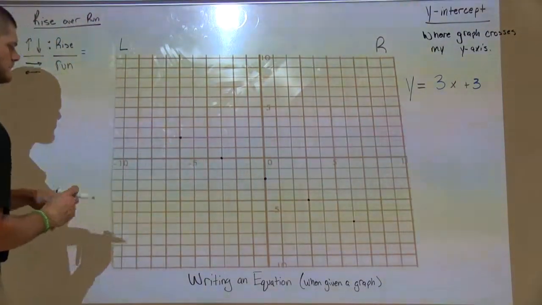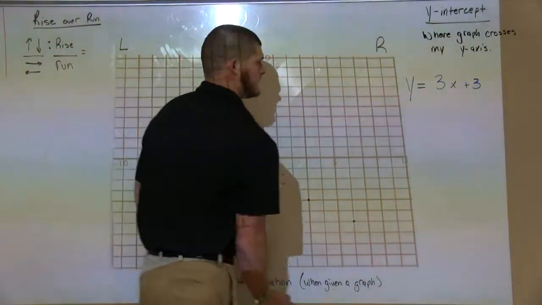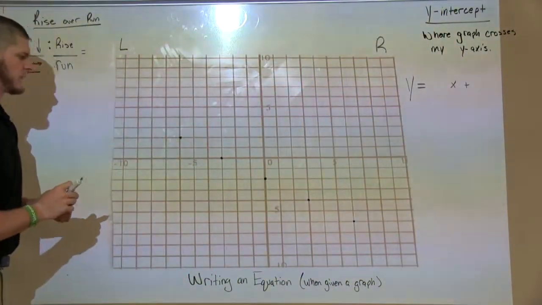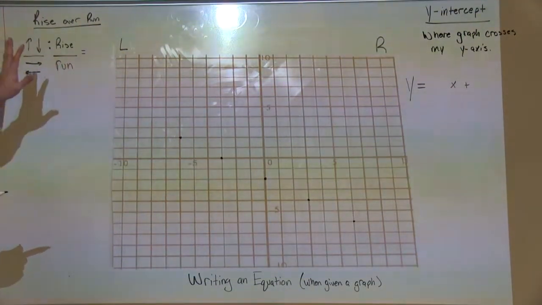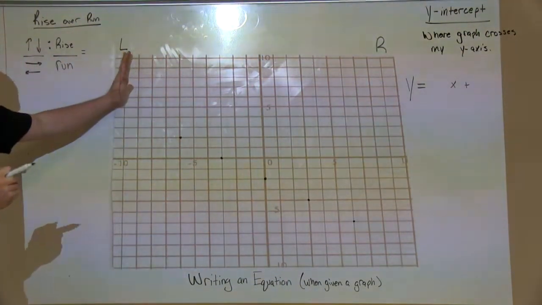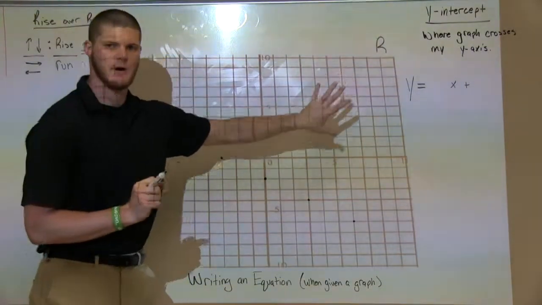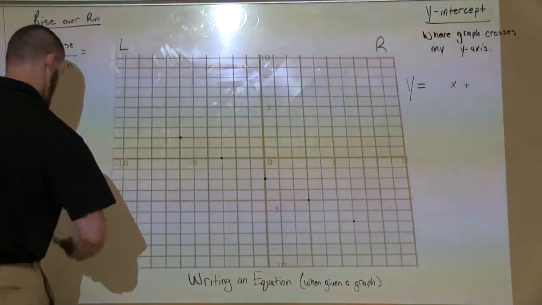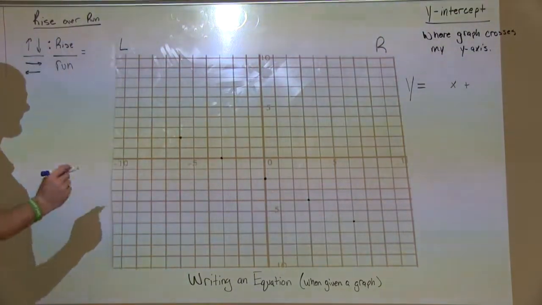All right. So again, for the purpose of rise over run, it is going to be helpful to us to always start on the left and move to the right, as opposed to trying to go backwards, all right?